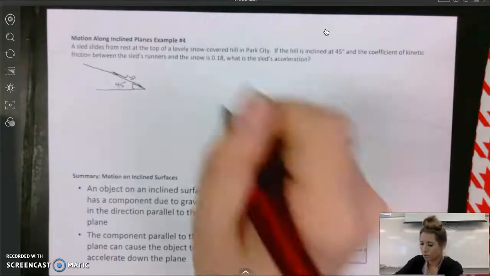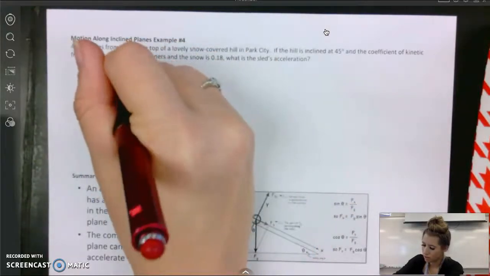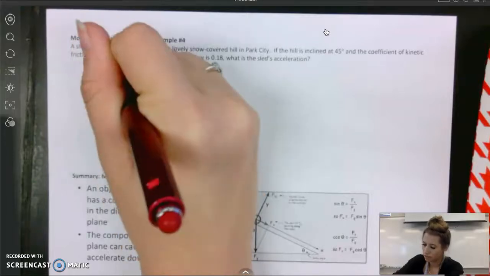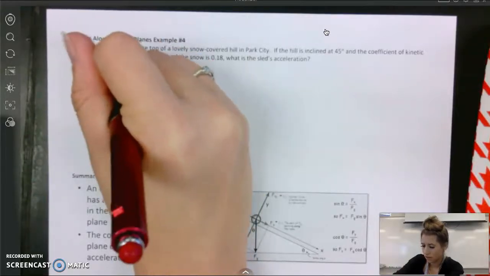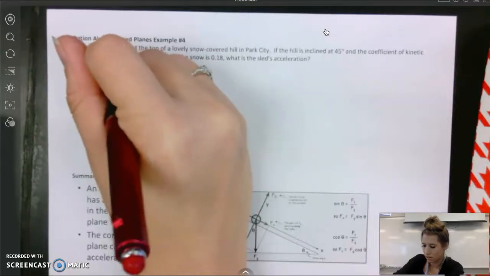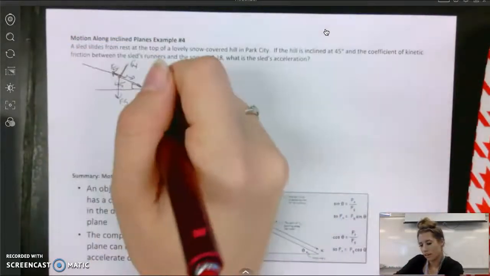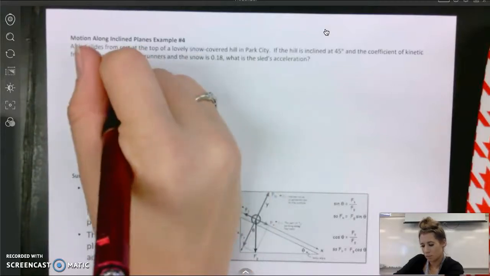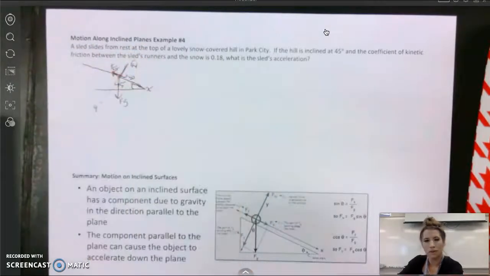Well, what forces would we have acting on this sled? We'd have force due to gravity, force normal, and then we have some small force of friction, right? I'm going to make the incline my x, and then perpendicular to that, which is the normal force, that's going to be my y.